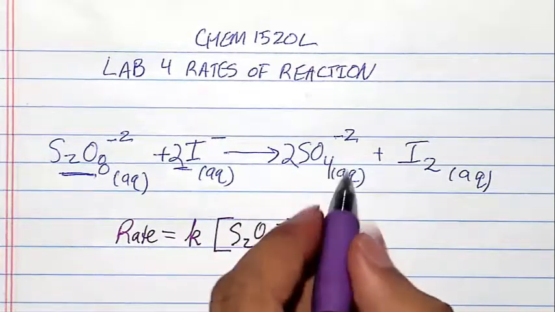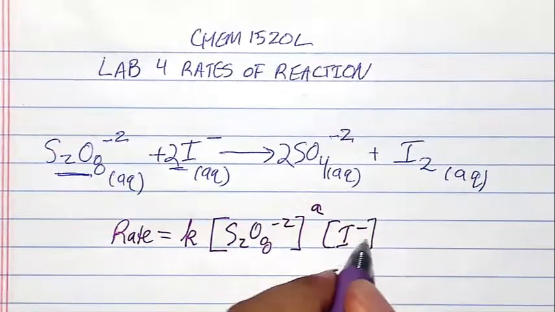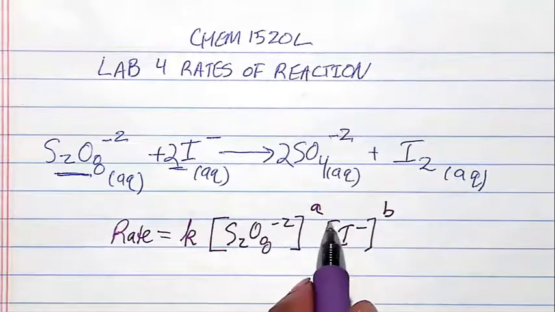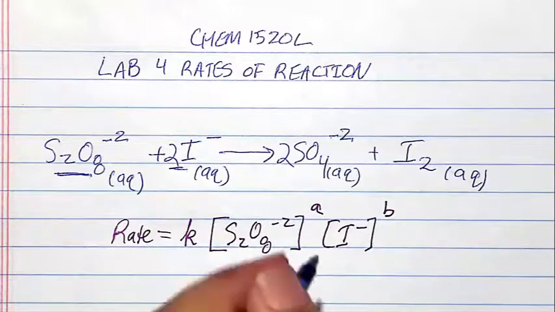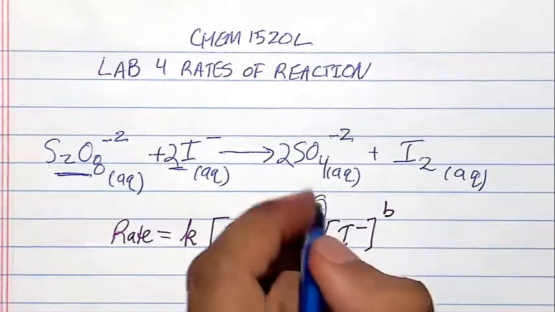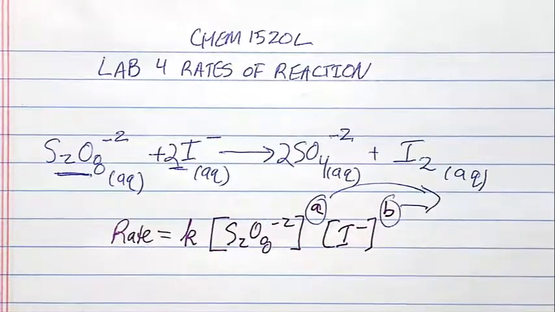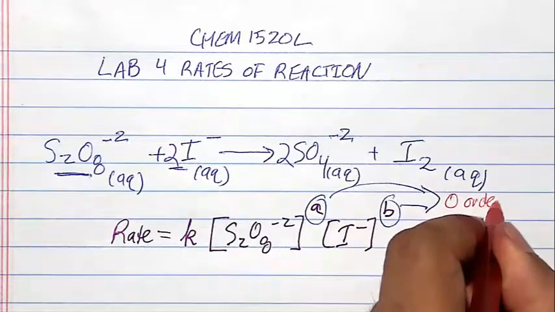So this could be to the power of a, and times the concentration of I-, raised to the power of its order, b. So you may already know that this exponent is the order of the reaction, and with respect to persulfate, it could be zero order, first order, or second order. And with respect to iodide, it could be zero order, first order, or second order.